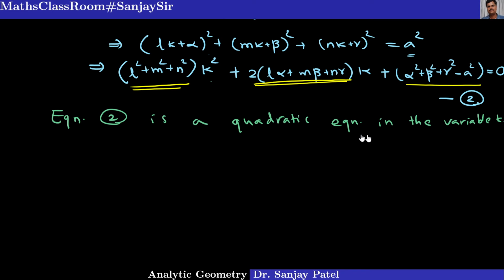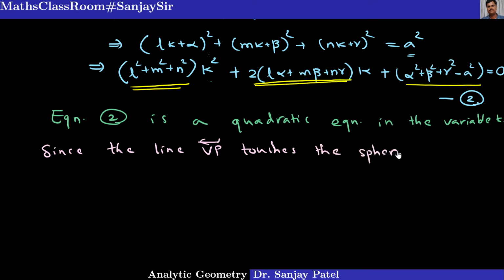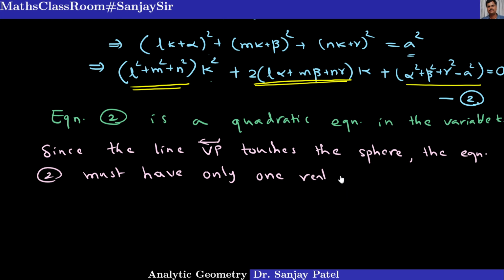So equation 2 is a quadratic equation in the variable k, and since the generator, or since the line VP, touches the sphere, equation 2 must have only one real root.